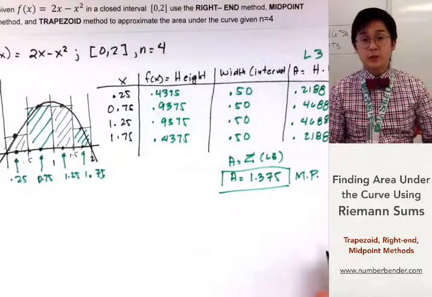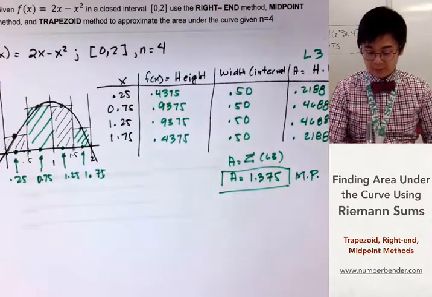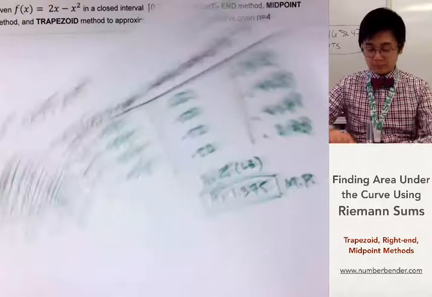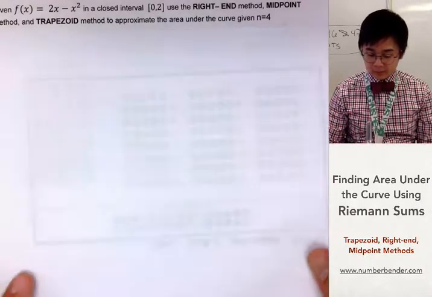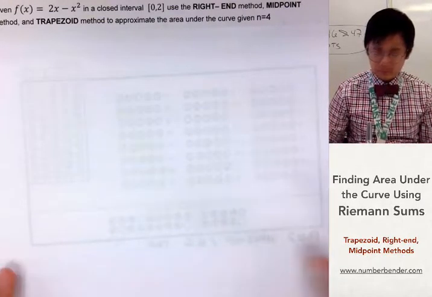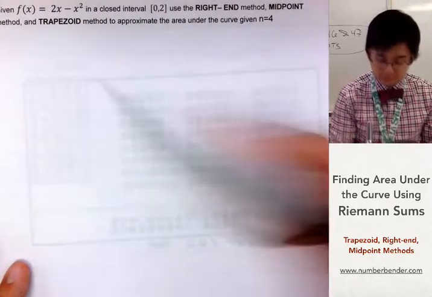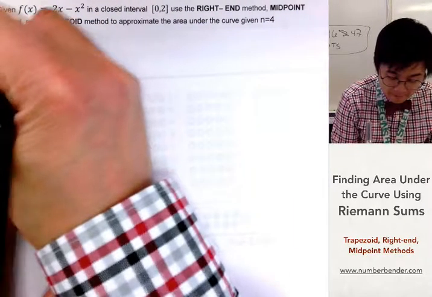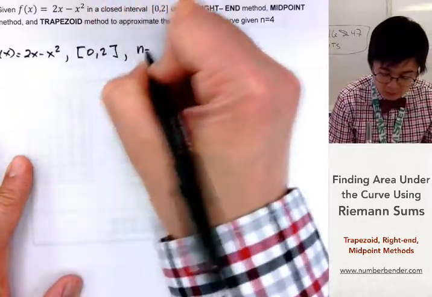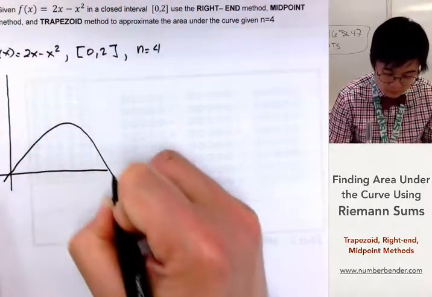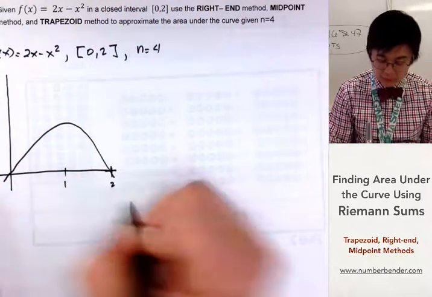Now, gamitin naman natin yung trapezoid method. So, sa trapezoid method, sulat ulit natin yung function f of x natin ulit. Okay. 1 and 2 yan.